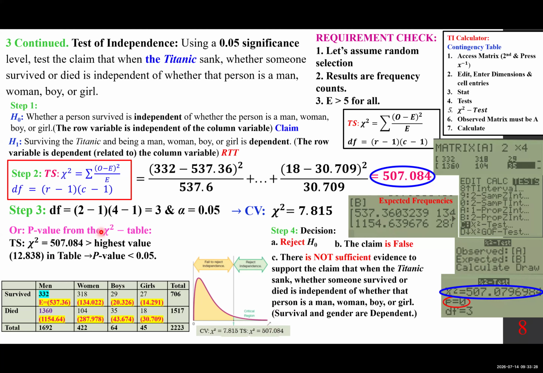If you go with the chi-squared table, we don't have that, and this is larger than the highest value in the table, which is 12.838. So it just says the p-value is less than 0.05, which is the alpha. But if we go with the technology, it's 0, less than alpha, and we have the same decision.